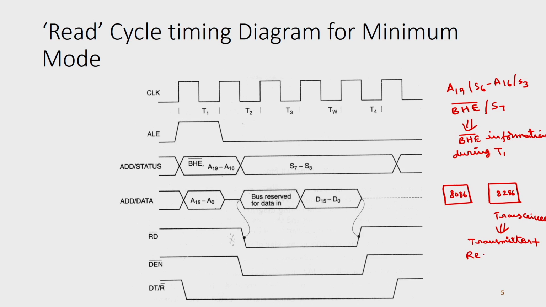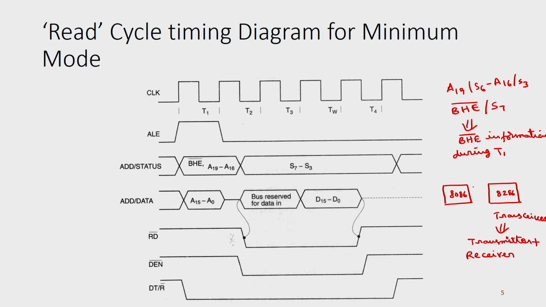In the transmitter you take 'trans', in the receiver you take 'ceiver', so it is called transceiver. Using this, the 8286 will act as a transceiver. The microprocessor can read the data from the 8286 or write the data into the 8286.